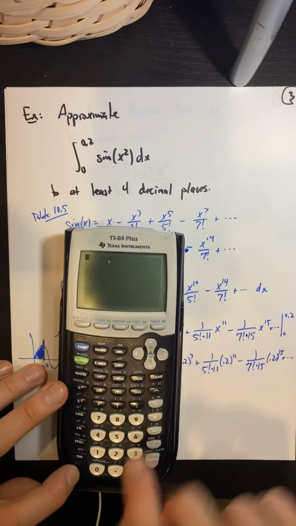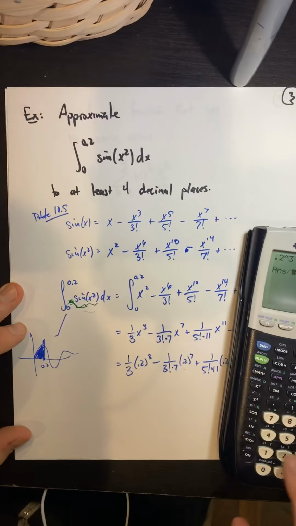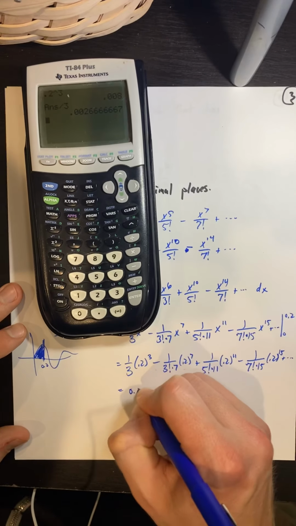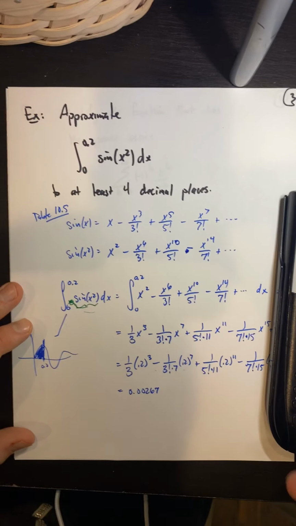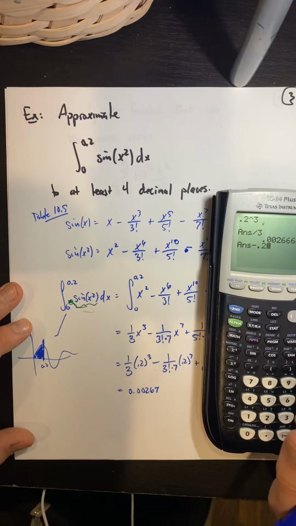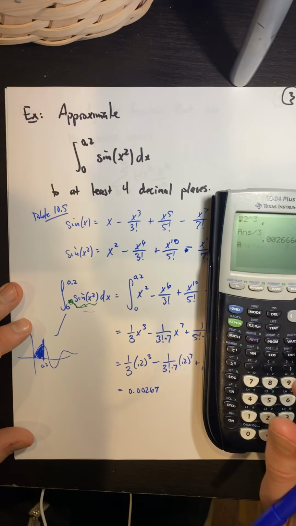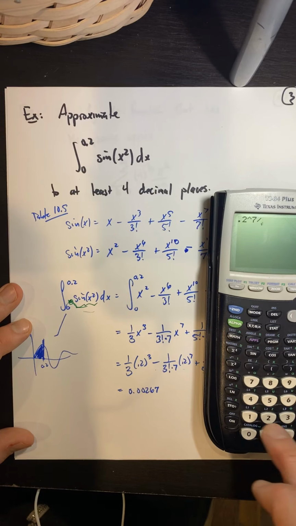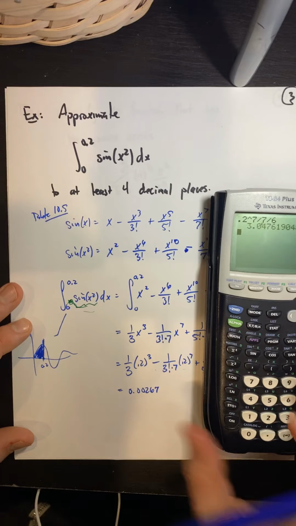So we get, let's see, 0.2 cubed divided by 3. So the first value here is 0.00267, minus 0.2 to the 7th. Let me just do 0.2 to the 7th divided by 7 divided by 6, because that's 3 factorial.